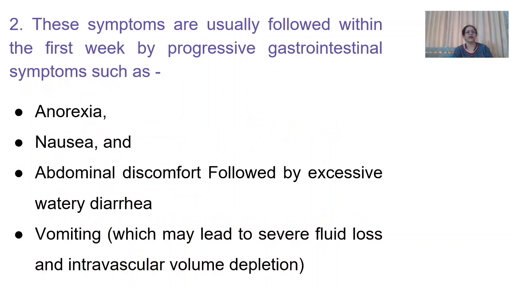These symptoms are usually followed within the first week by progressive gastrointestinal symptoms. In that, there is anorexia, that is loss of appetite, nausea, abdominal discomfort followed by excessive watery diarrhea, vomiting, which may lead to severe fluid loss and intravascular volume depletion.